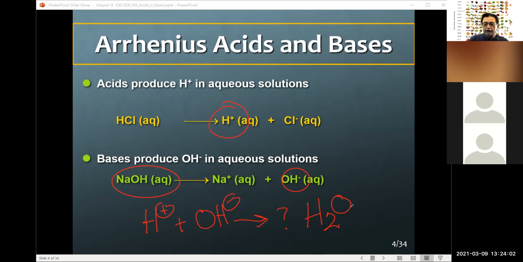That, ladies and gentlemen, is your first type of reaction that we're going to eventually talk about. This is called the neutralization reaction. That is when a proton and hydroxide combine and they neutralize each other. For example, you have acid in your stomach, a lot of protons in there.